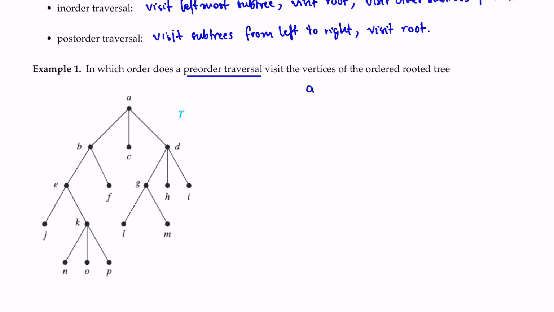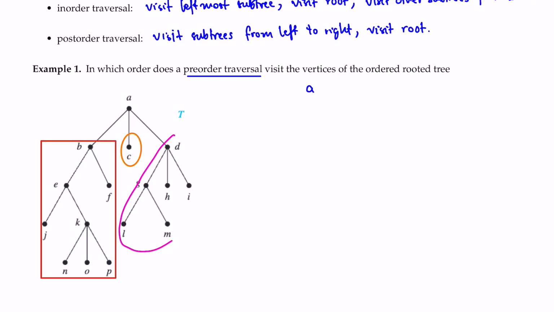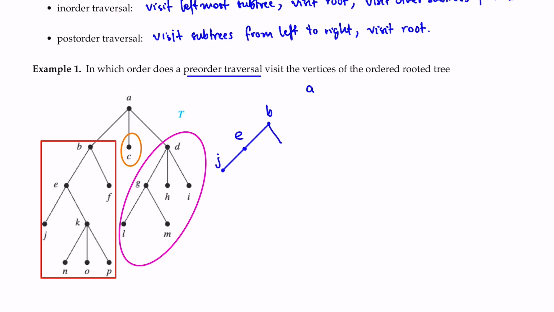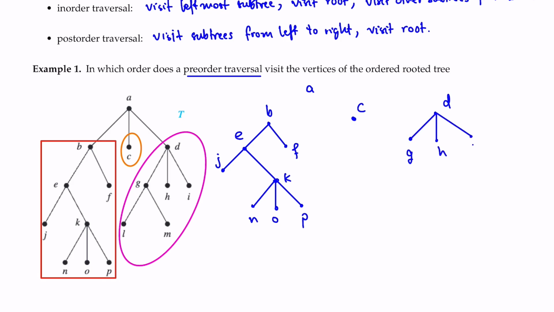And then we're going to visit the subtrees. So this is one subtree, this is another subtree, and this is the third subtree that we're going to consider. So this is the first subtree, this is the second subtree, and this is the third subtree.